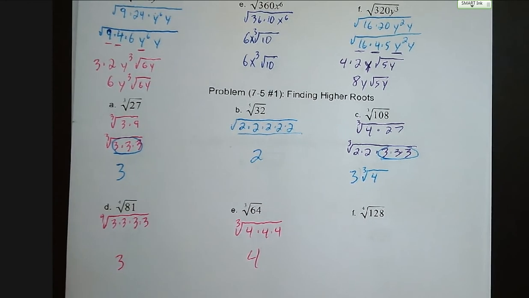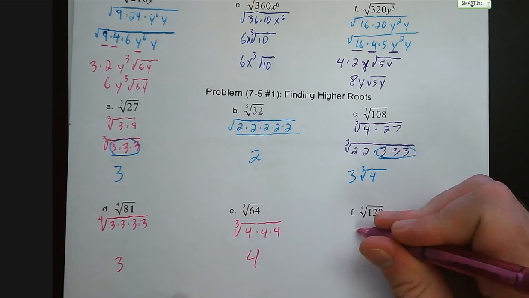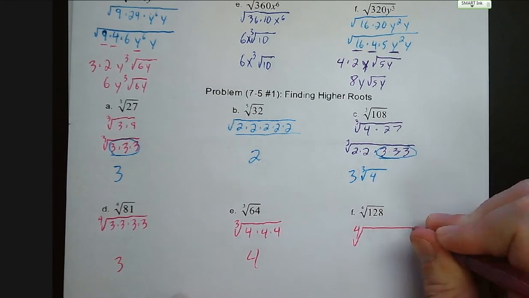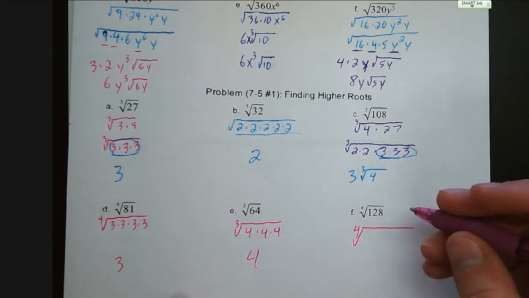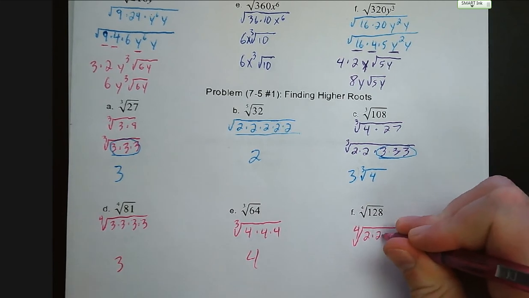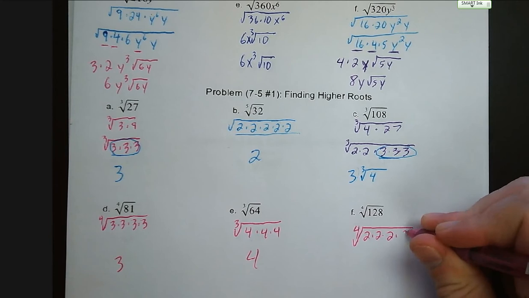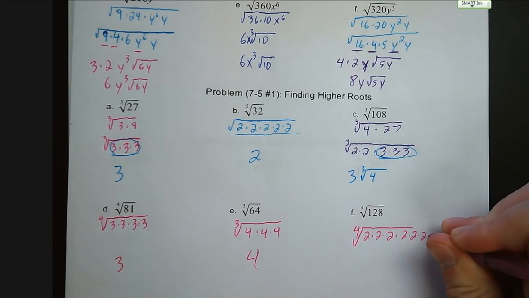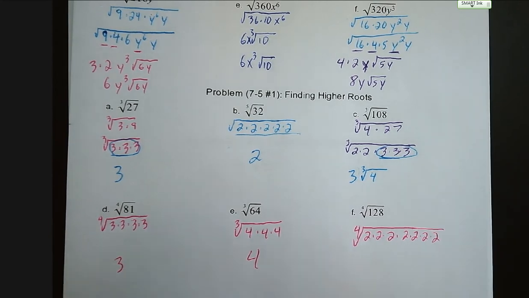The 4th root of 128 is, well, we break that up into a whole lot of 2's. We've got 2 times 2 times 2 times 2 times 2 times 2 times 2. Now we're going for the 4th root.